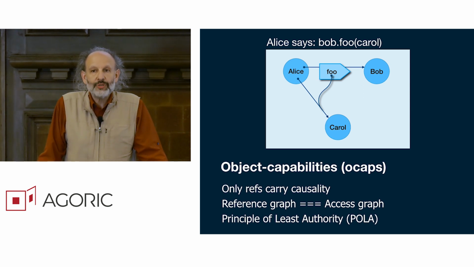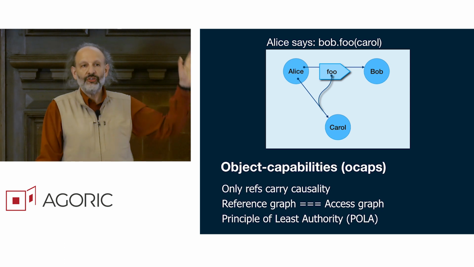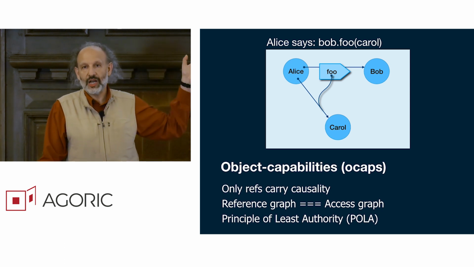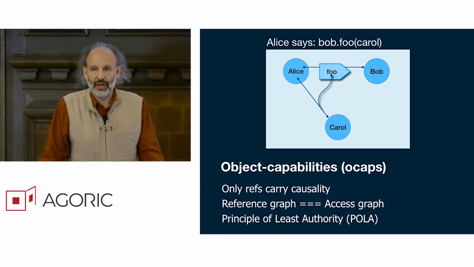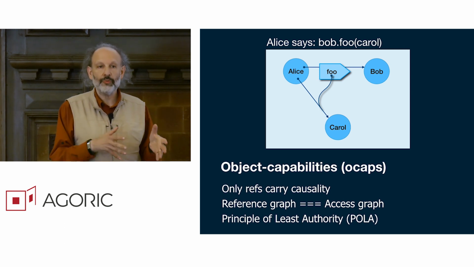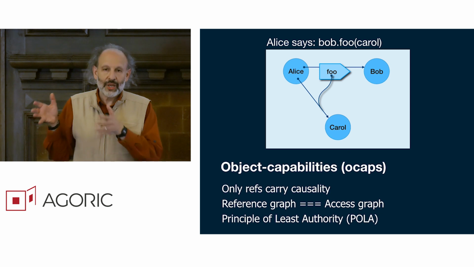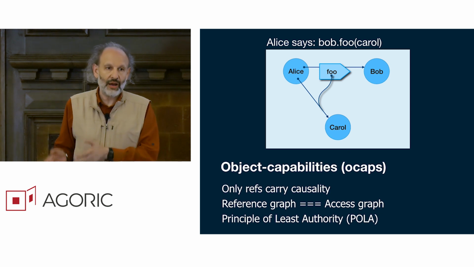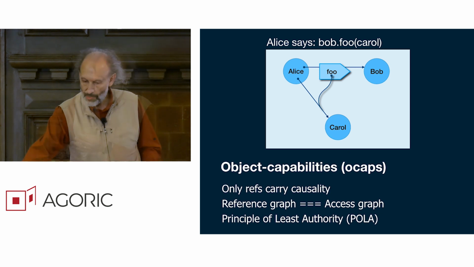What brings us to object capabilities is when this is the only way an object can cause effects on the world outside of itself. In that case, the reference graph, familiar from the programming language literature, becomes identical to the access graph from the access control literature.